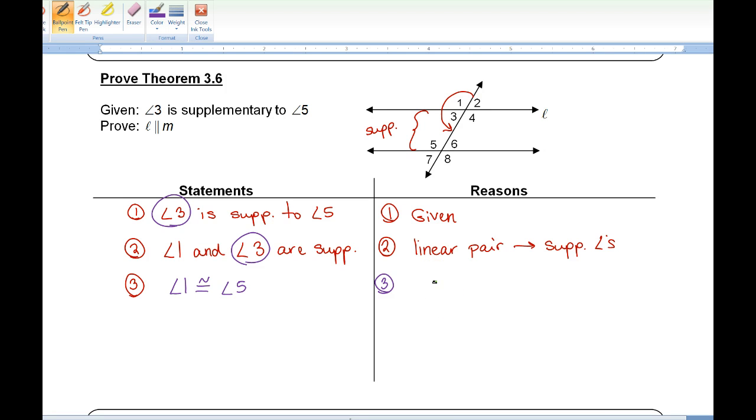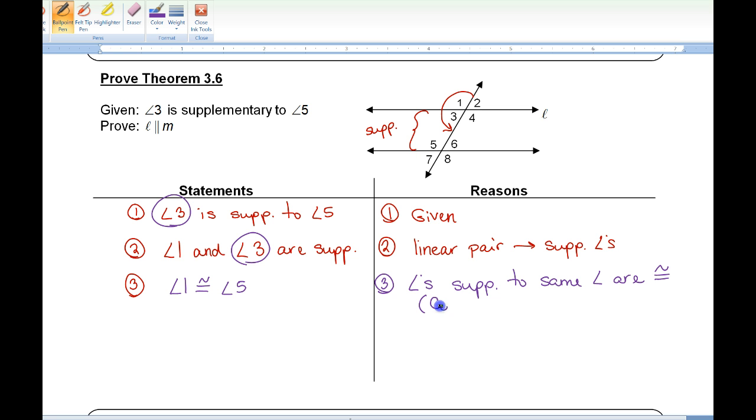Now, I actually said it in words. Let me write it out. Angles supplementary to the same angle, or congruent angles, but I'm just going to write same angle, are congruent.